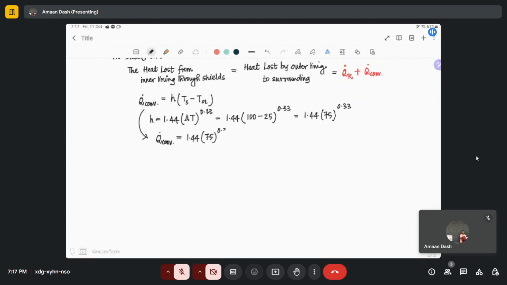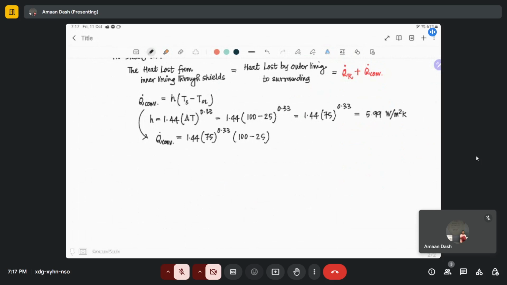So we'll evaluate it individually. Let's start with Q dot of convection. This is equal to nothing but the heat transfer coefficient times area, but we will not consider area here. We'll consider per unit surface area.